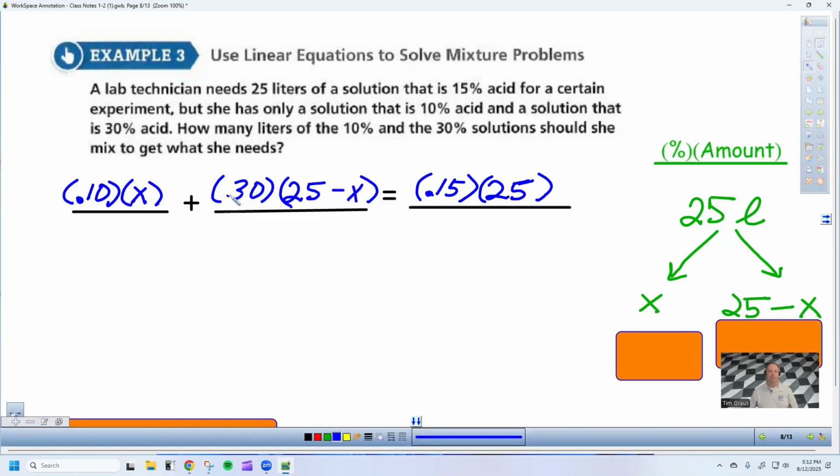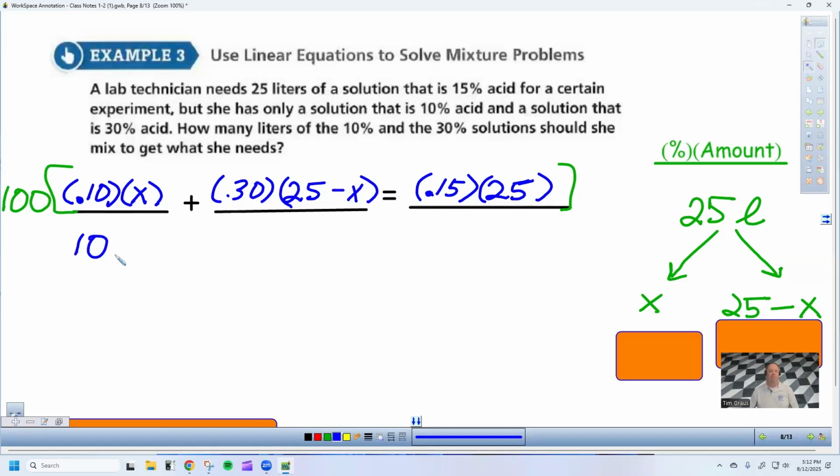Now that we've got our equation set up, we're going to try to solve it. I'm going to first use kind of a clever use of the distributive property here. Since I don't want to deal with decimals all the time, I'm going to multiply this entire equation times 100. What that does is 100 times this decimal 0.10 just turns into 10.